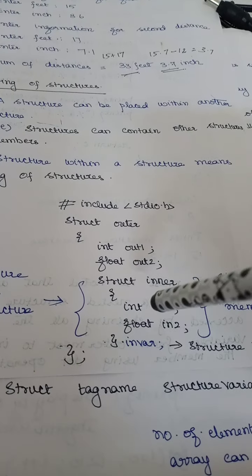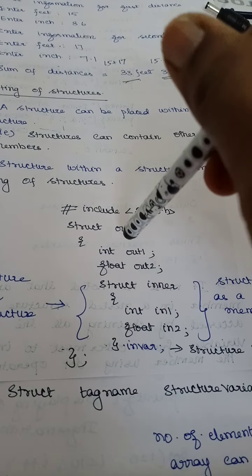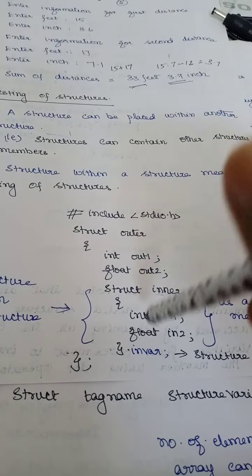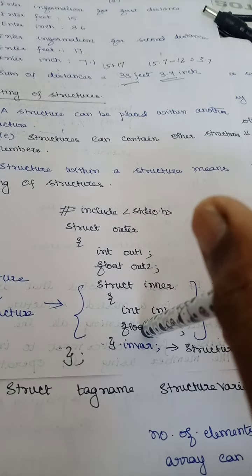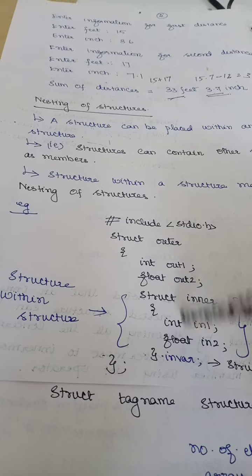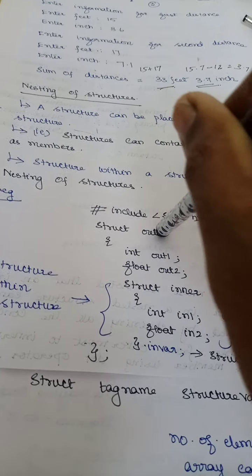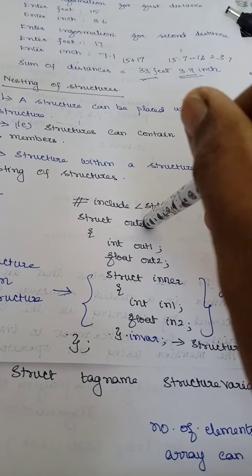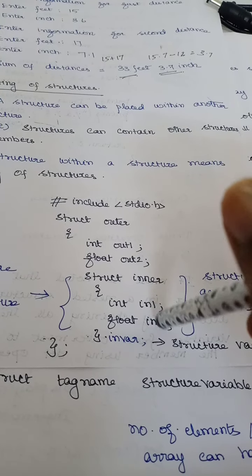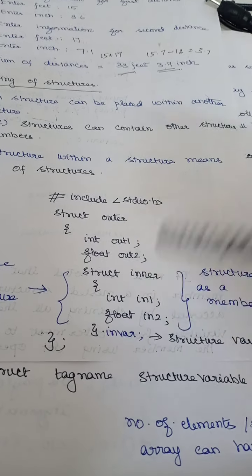So here the structure is present inside another structure. Is that clear? So this you will call a nesting of structures. Here this inner structure is also going to be a member of this particular structure. Clear? So this outer structure has two variables and this inner structure has two variables, in1 and in2. Clear?